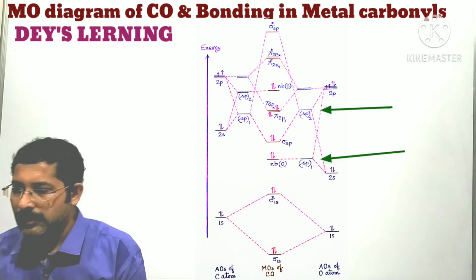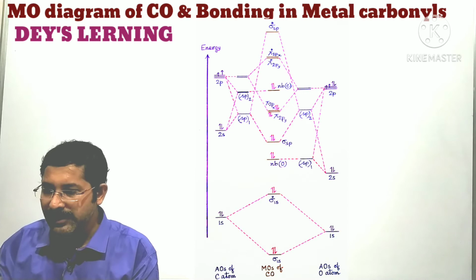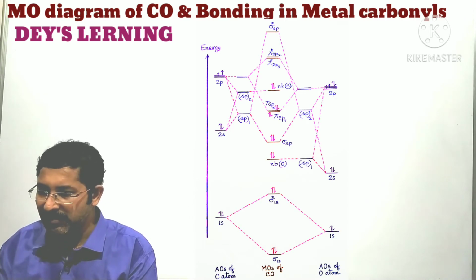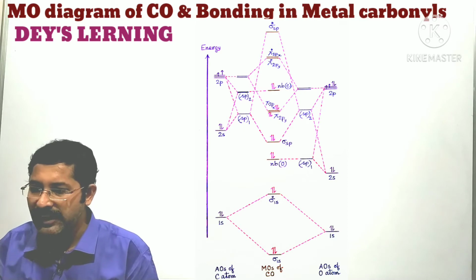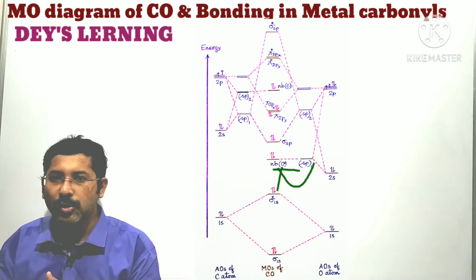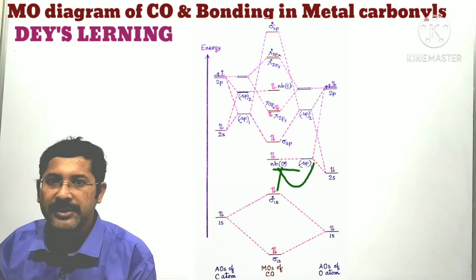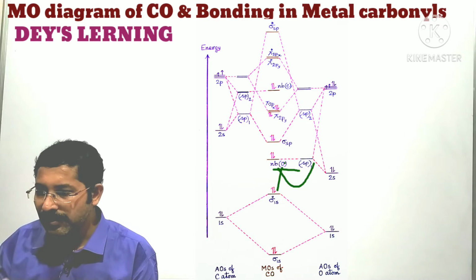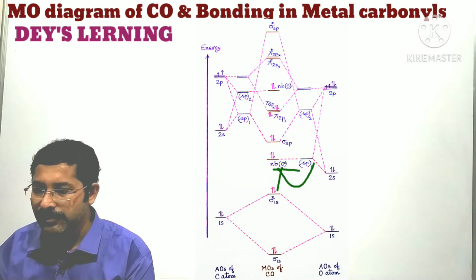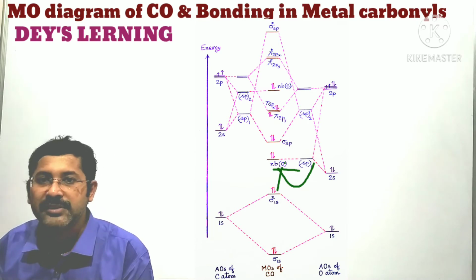And look here, none of the two hybridized orbitals of carbon have roughly the same energy as that of the sp1 of oxygen. The sp1 orbital of oxygen can't combine with any of the orbitals of carbon. So this actually forms the non-bonding orbital, which is present on the oxygen.